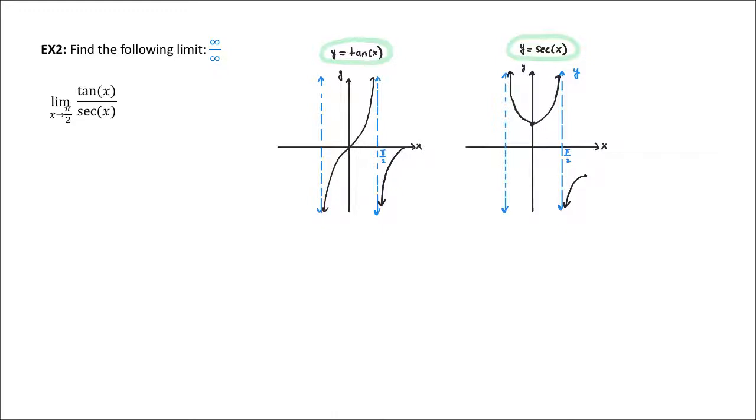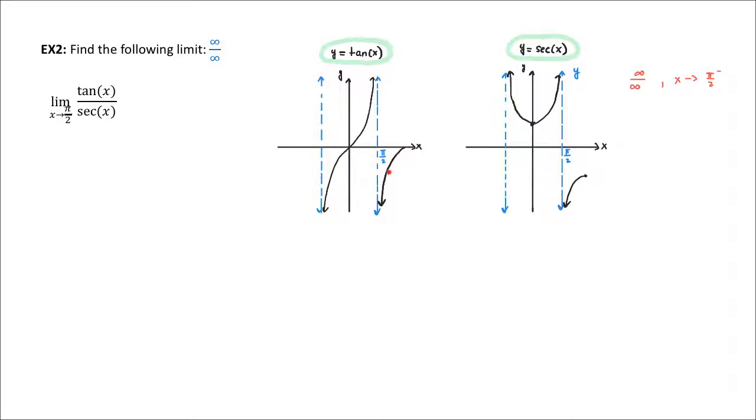So there I have nicely infinity over infinity as x approaches pi over 2 from the left. Well, that is enough for me to realize that I cannot make any conclusions about my limit. But nonetheless, let me go ahead and see what happens on the other side of pi over 2.